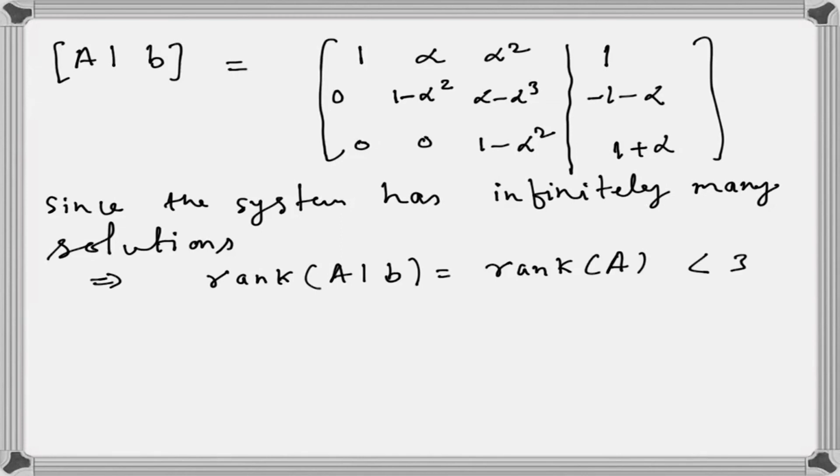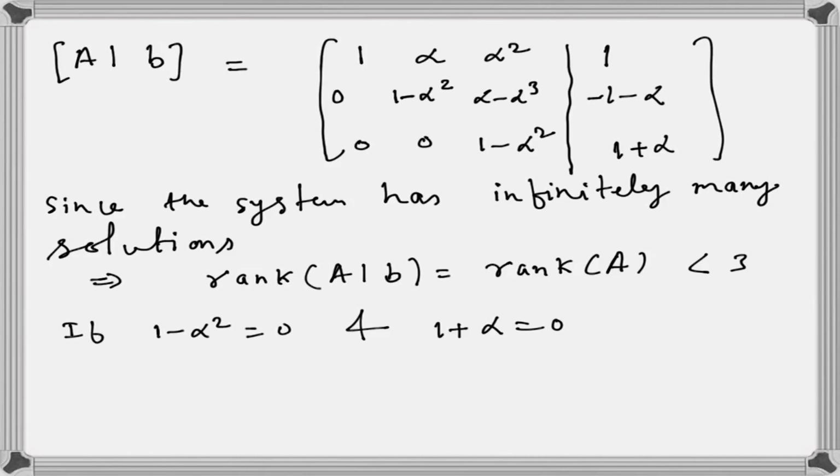So now when is it possible? The rank of the augmented matrix will be 2 if 1 minus alpha square is 0 and 1 plus alpha is equal to 0.